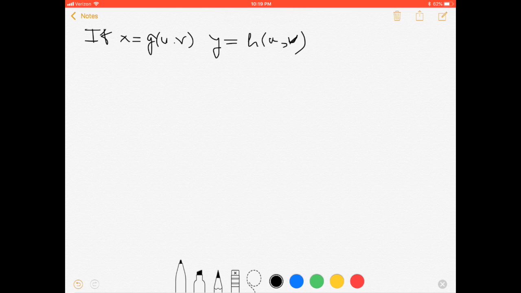Then the Jacobian of x and y with respect to u and v, denoted with this symbol, we use the notation of x, y over u, v.